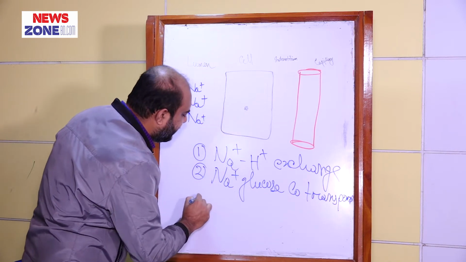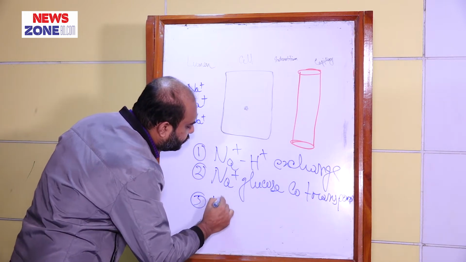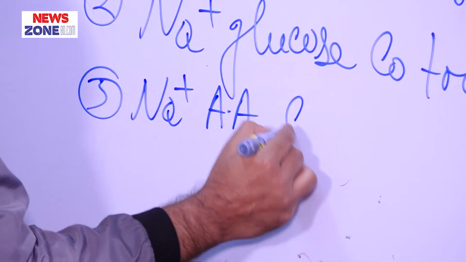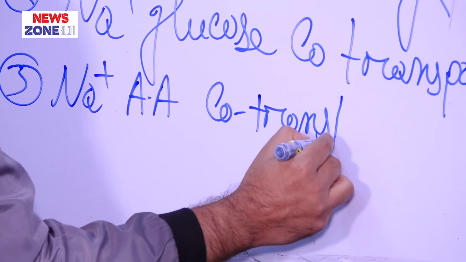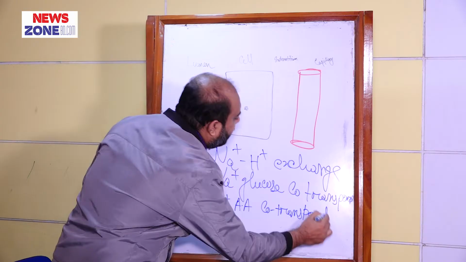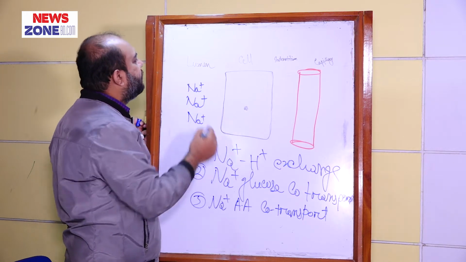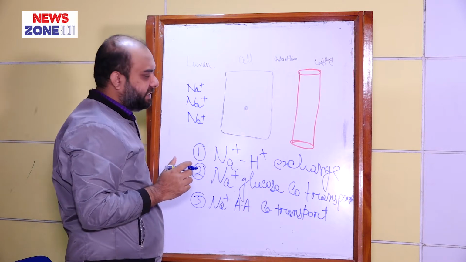Then it can be reabsorbed by sodium amino acid co-transport. And this transportation will be held from the lumen into the renal tubular epithelial cells.